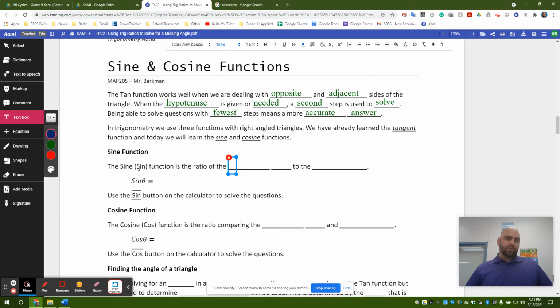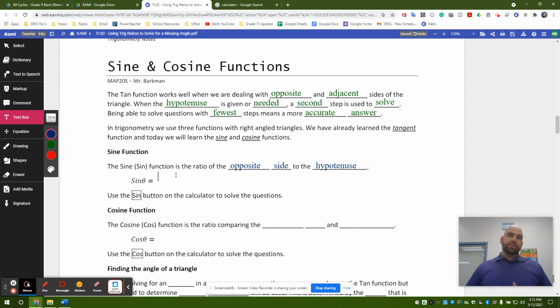The sine function, or sin, which obviously we call sine, so let's make sure we call it the sine function, is also a ratio. It's a ratio just like the tangent function is, except that this is a ratio between the opposite side to the hypotenuse. This is where we deal with the hypotenuse.